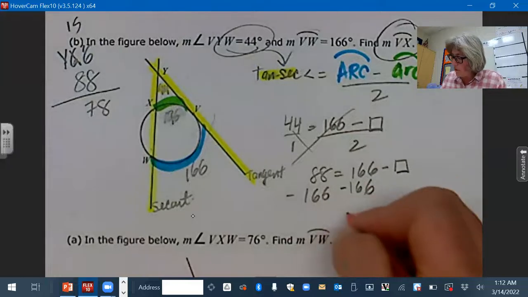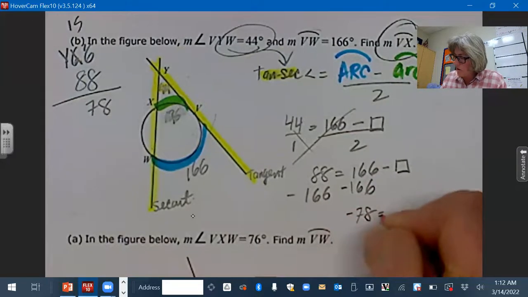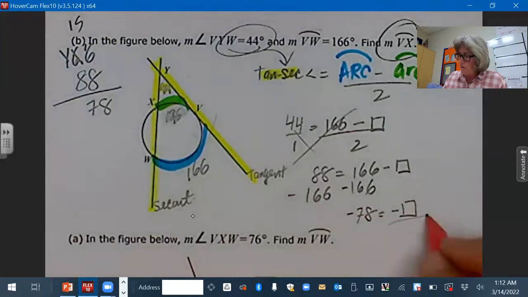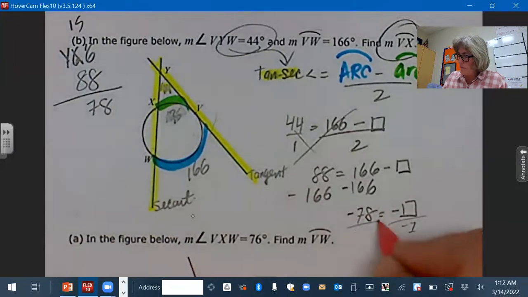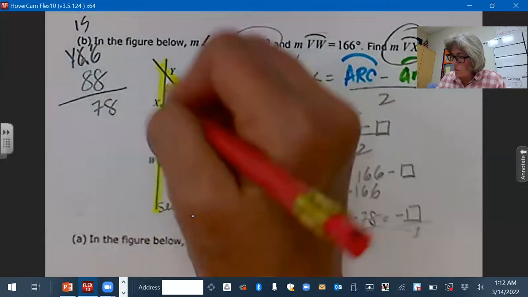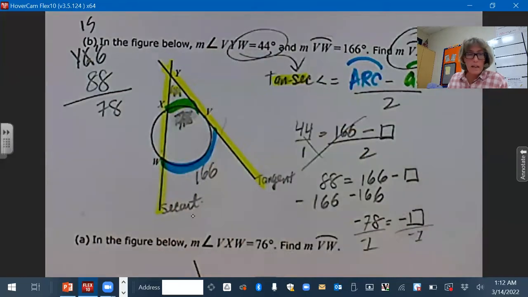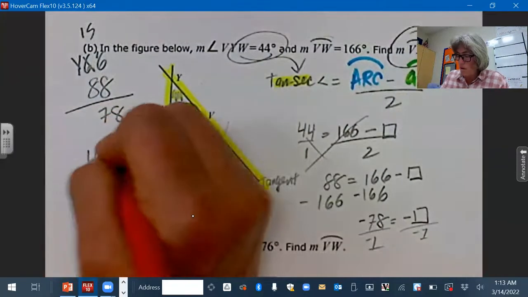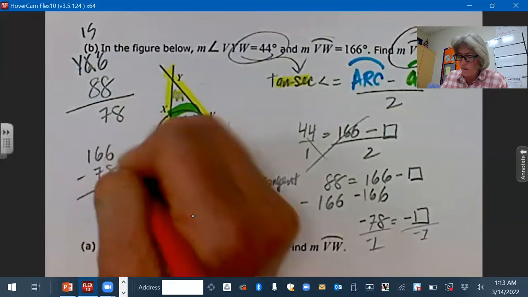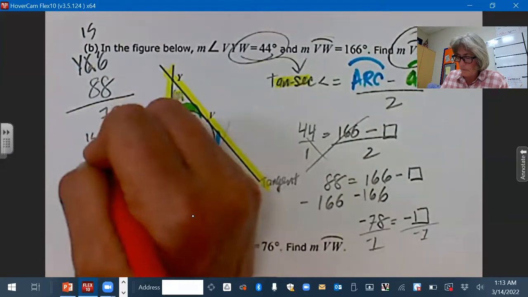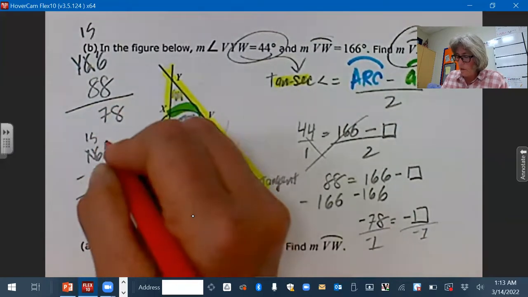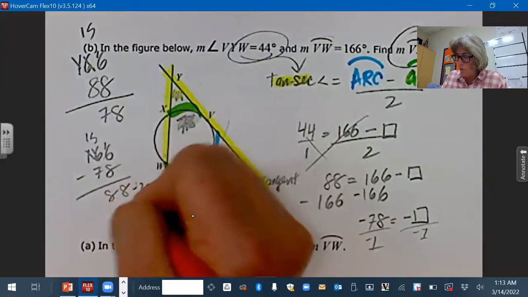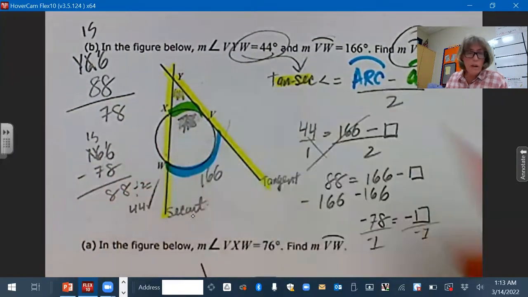So we have here negative 78 equals negative unknown, divide by negative 1, and our arc is going to be 78. Now, how do you know you're correct? Let's do 166 minus 78. It's going to be 88, and then we divide by 2. We get 44. There's our check.